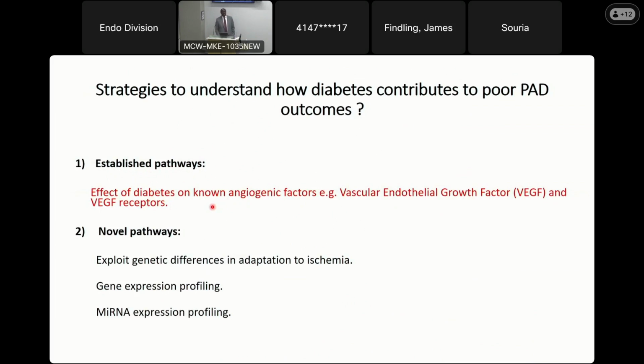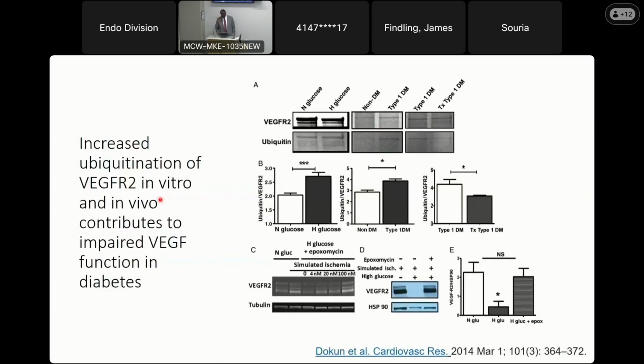And so we've looked at what happens to this signaling pathway in the context of a diabetic PAD. And while a lot of prior studies have looked at VEGF expression, the protein expression, and mRNA expression in the context of diabetes, our study was one of the first to look at the VEGF receptor itself.